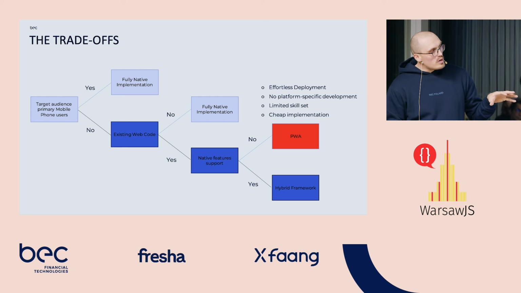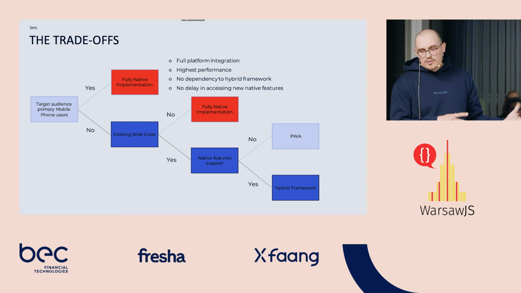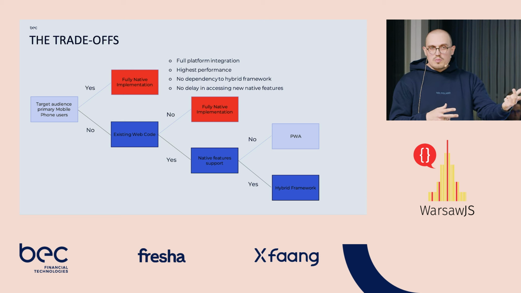So basically, if you are not going with PWA, you are willing to sacrifice the cheapest implementation, the limited skills that you need because you have only front-end developers, and the simplest deployment that you can have. If it comes to fully native implementation, the most important thing is the highest performance that you can have, and the platform support that you have right away, because with a hybrid framework, you might have some delays with new features.